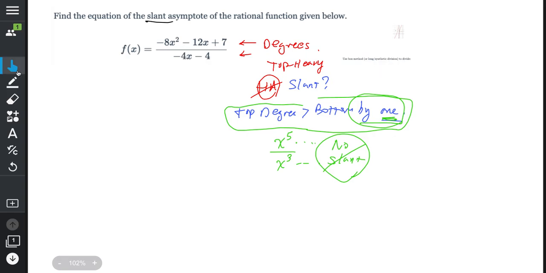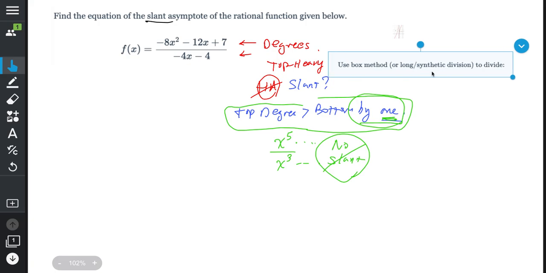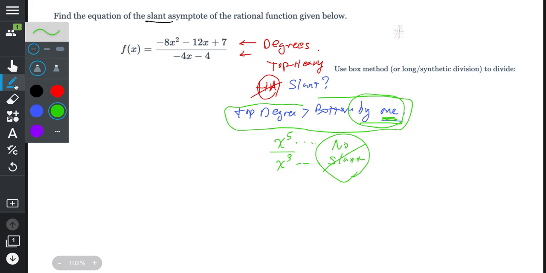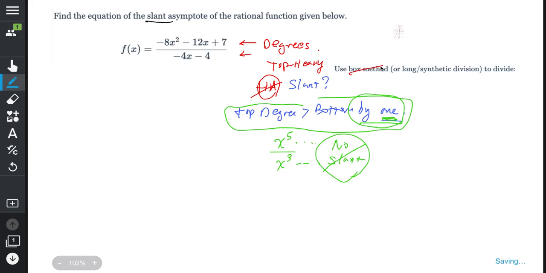Now, just a side note, Delta Math is going to say, hey, use box method or long or synthetic division to divide. Box method, you'll see we don't teach that. It's a different way of doing long division. Synthetic division works only for certain divisors, where what you're dividing by is something like no coefficient on the x, like x minus 3.